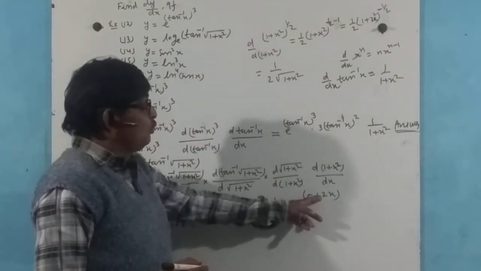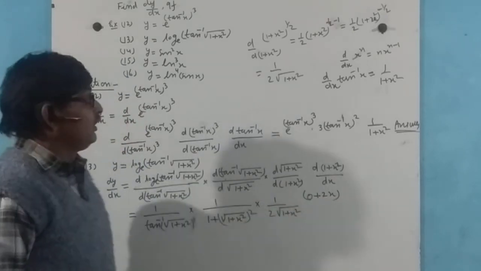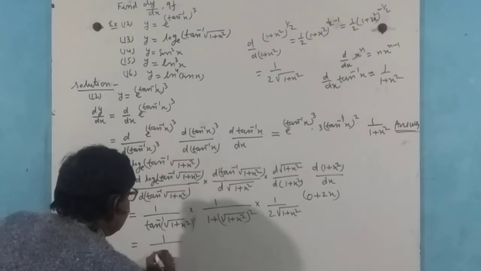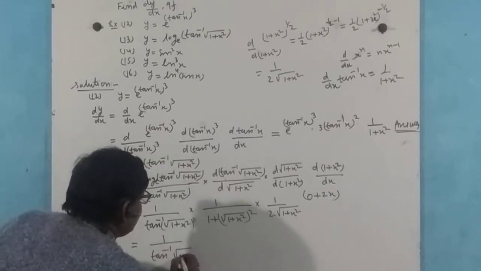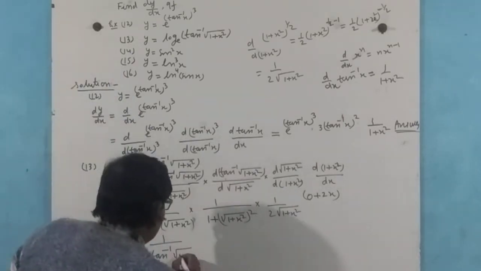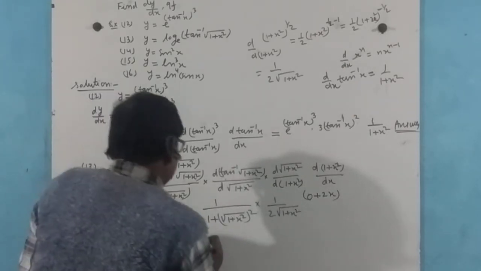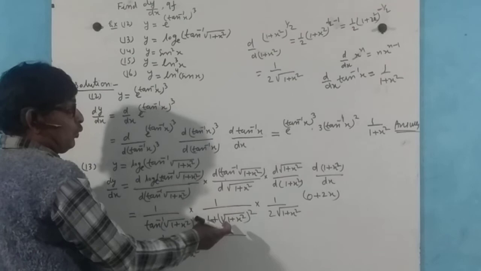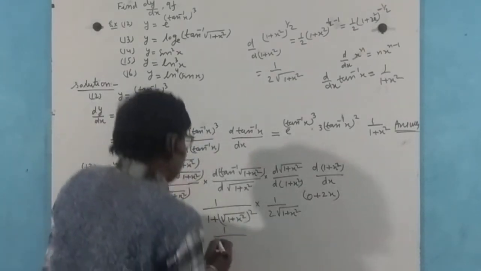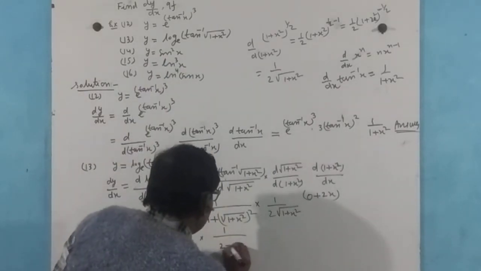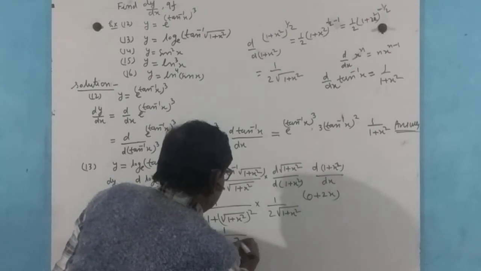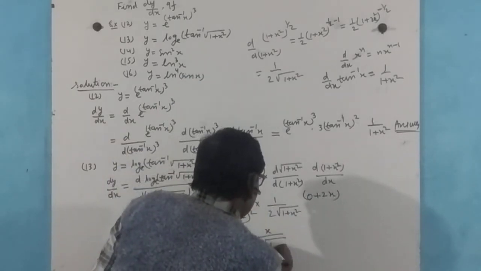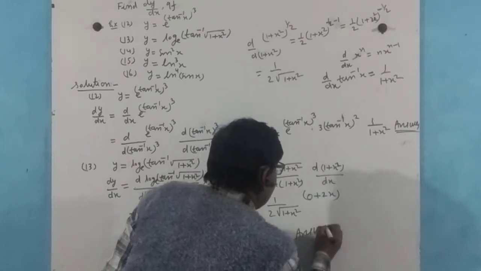Now 2 and 2 cancel, adding 0 plus 2x, and 2 and 2 cancel, so that this can be written as 1 by tan inverse under root 1 plus x square into 1 by, this is a square, this is removed, so 1 plus x square and 1 plus x square, and 2 and 2 remove, so that x by under root 1 plus x square. This is our answer here.